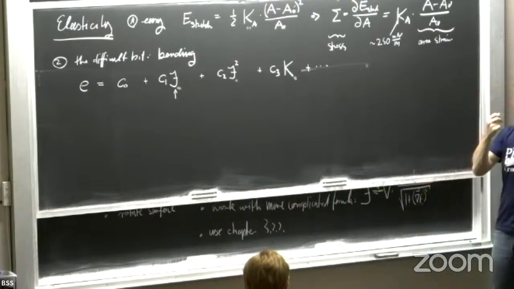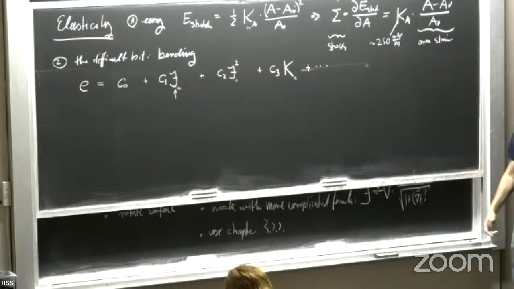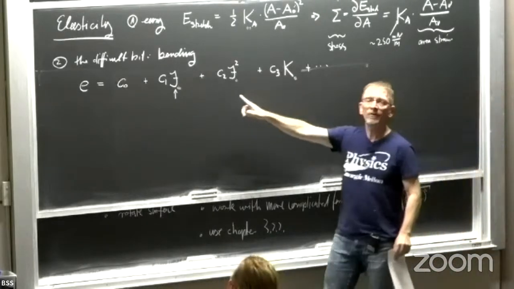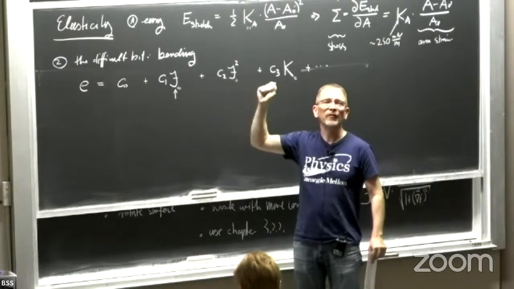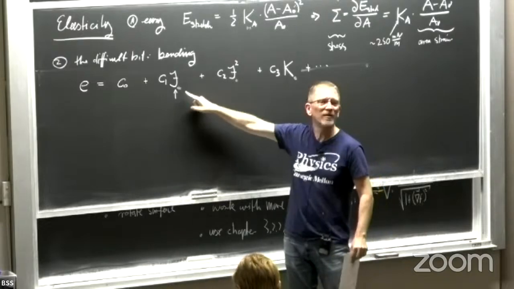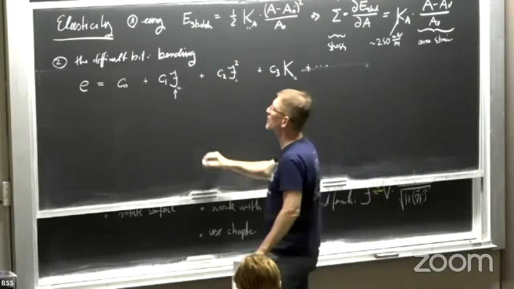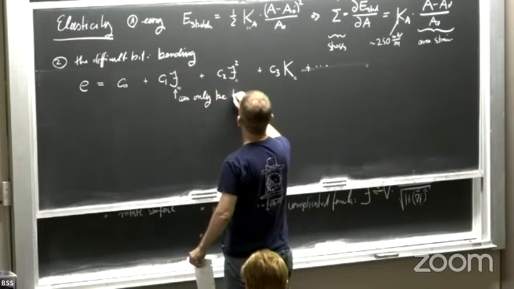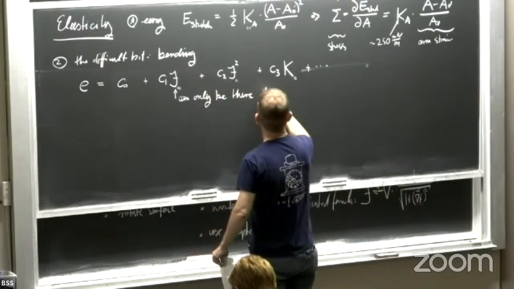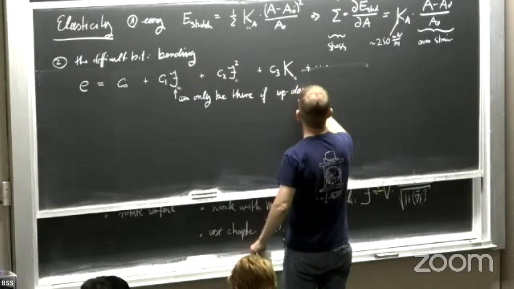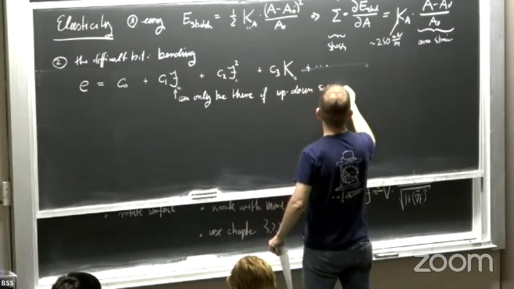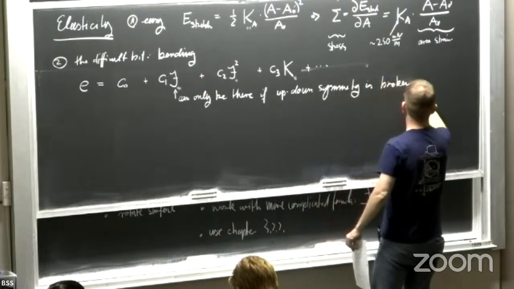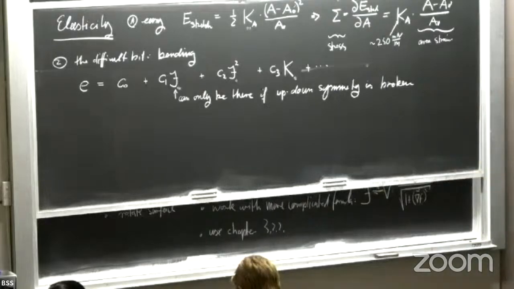And so now there is a meaning to this sign of J. If the surface does not have up-down symmetry, this term is allowed. Conversely, if the surface has up-down symmetry, there's no reason why this term should be there. So this term can only be there if the up-down symmetry is broken. Then it's there, otherwise it has to be zero.